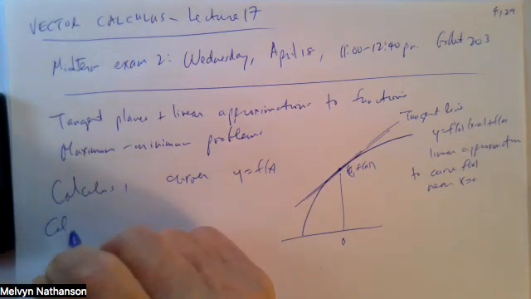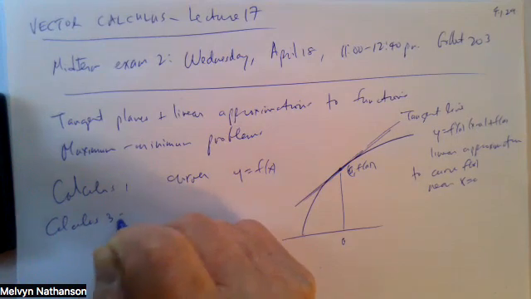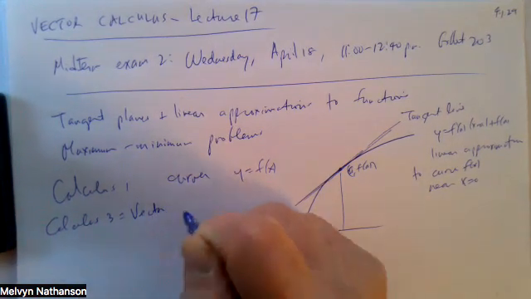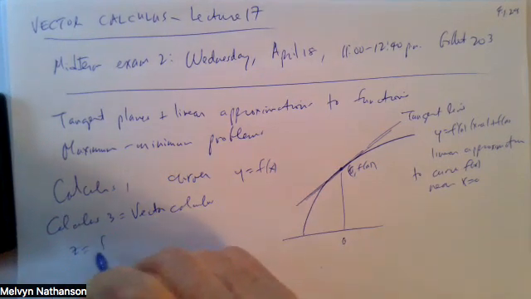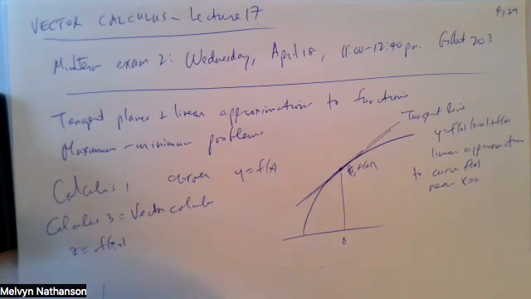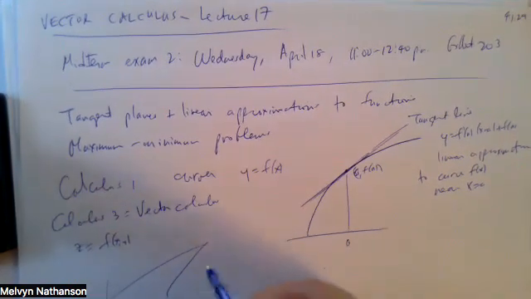In Calc 3, which is this course, vector calculus, we might have a function of two variables, z equals f of x, y. The graph of this function is a surface.